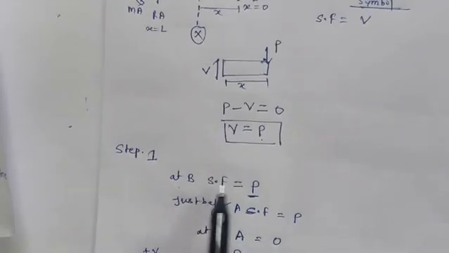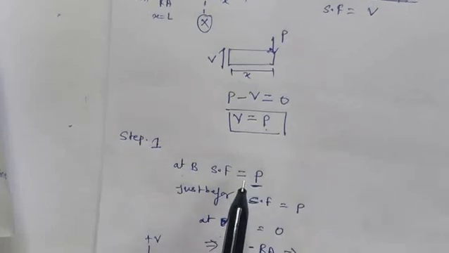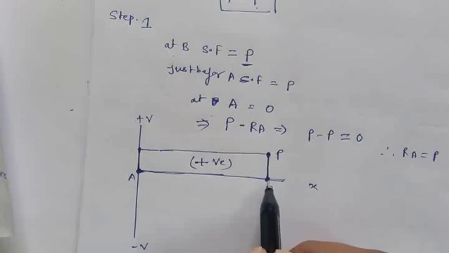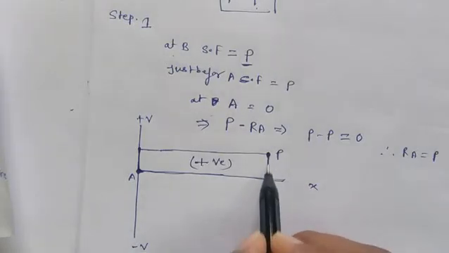Means these are the steps. At B, what is the load? Shear force means only the vertical load we have to consider. So the vertical load is P at B, and P is a downward force, that's why it will go to the positive side, and it is a point load, that's why it is a vertical line.